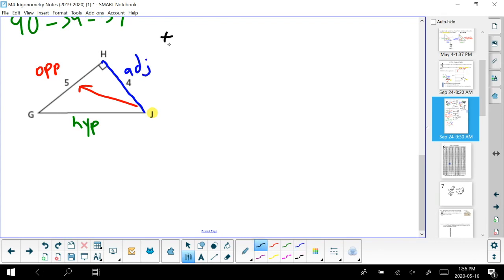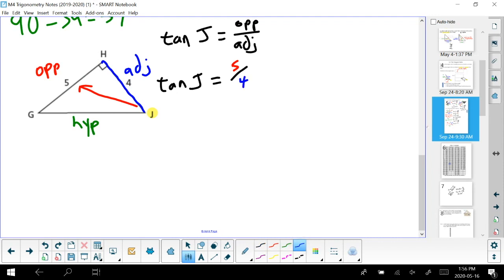So once again, let's start off with our formula. Tangent of angle J is equal to the opposite side over the adjacent side. So tangent of J is equal to 5 over 4. And if you'd like, we can convert that into a decimal, which is 1.25.